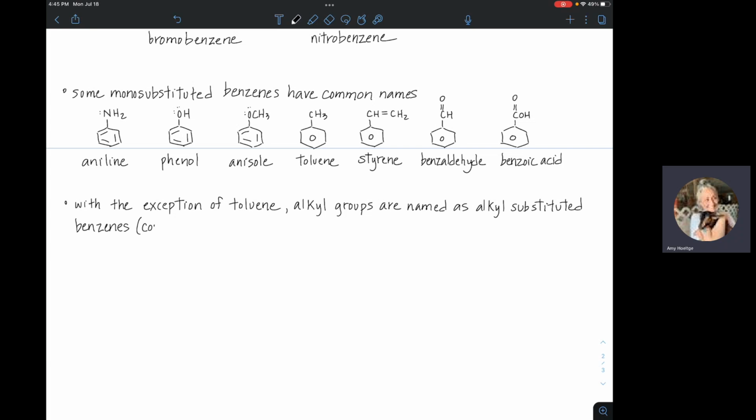So for common nomenclature, it's an alkyl substituted benzene, or a phenyl substituted alkane, or, so this would be IUPAC, or whatever the other parent would be.